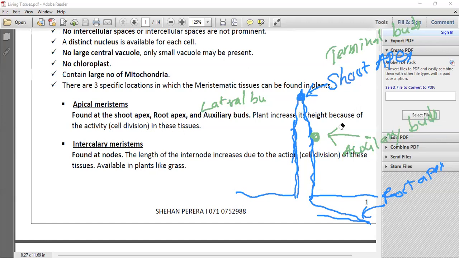That means, as a result of cell division in the shoot apex, the height of the plant would increase. As a result of cell division in the meristematic tissues of the auxiliary bud, it can eventually become a leaf or else a branch. As a result of cell division in the meristematic tissues in the root apex, the length of the root could increase. Are we clear with that?